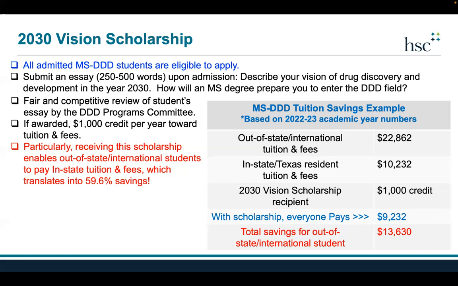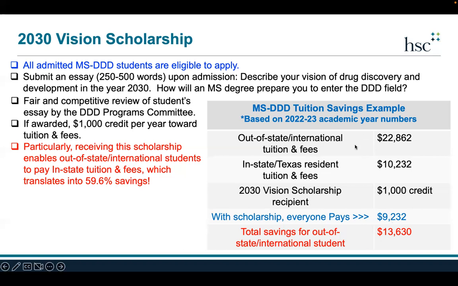So the right table shows you the specific numbers in academic year 2022 to 23. The in-state or Texas resident students will pay a little bit over $10,000 for tuition fees. So upon receiving the scholarship, those in-state students need only pay a little bit over $9,000 for the entire program.